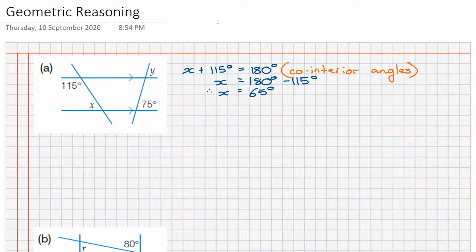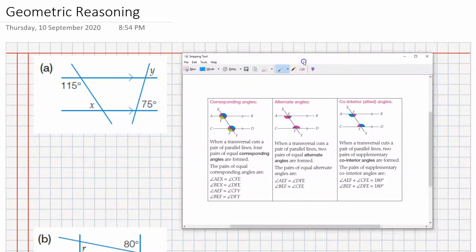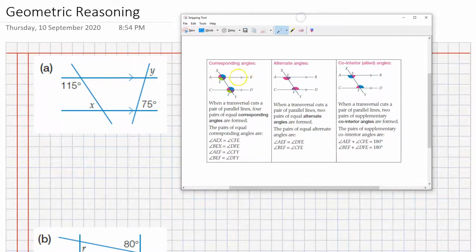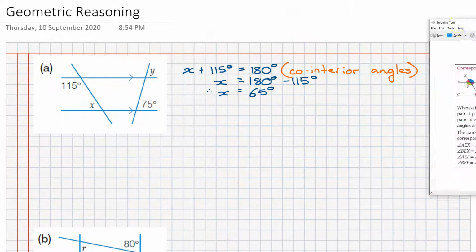The next one we can look at is the value of y here. Again, looking at our parallel line properties, we're looking at the property for corresponding angles. So y and 75 degrees, these two angles subtended here, are corresponding angles.